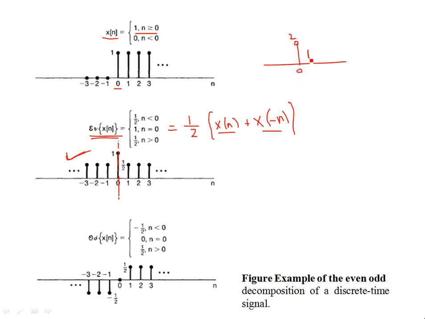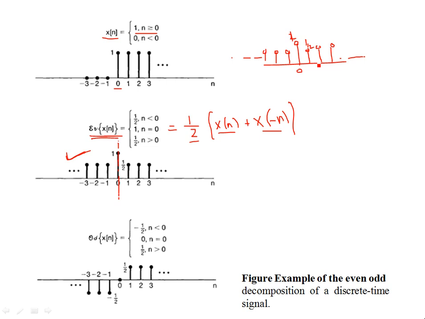And for n equal to plus or minus 1 on either side, there will be 1, but not exactly 1, they will become half, because we have a half over here. So this is going to be 1/2, and these samples continue on either side of the n-axis. All these samples are of amplitude 1/2.